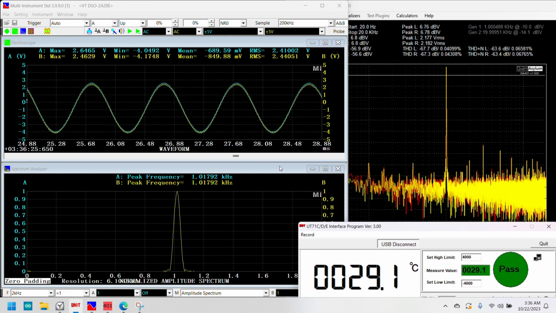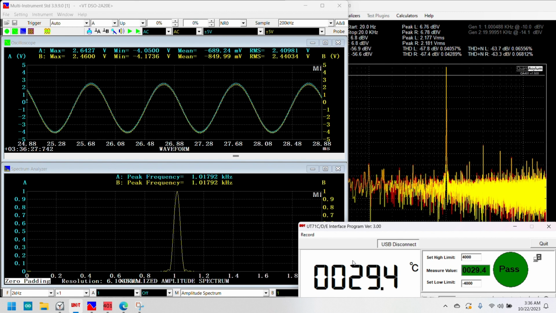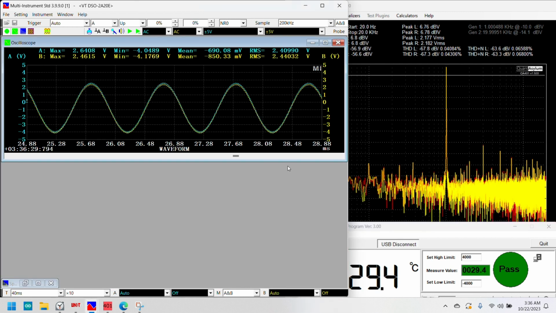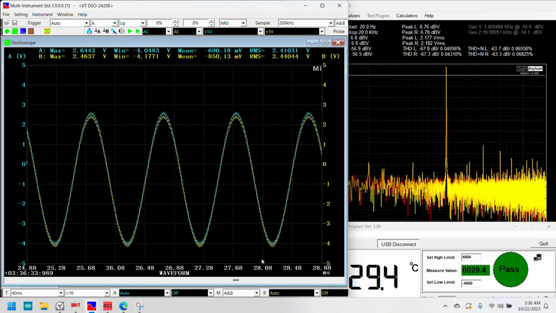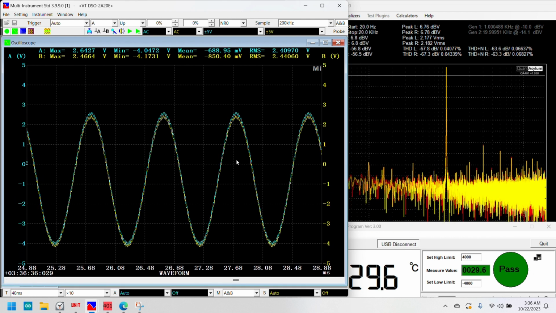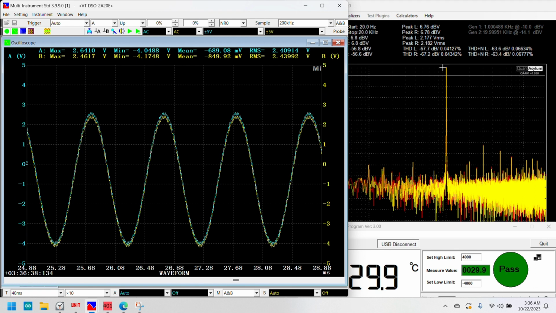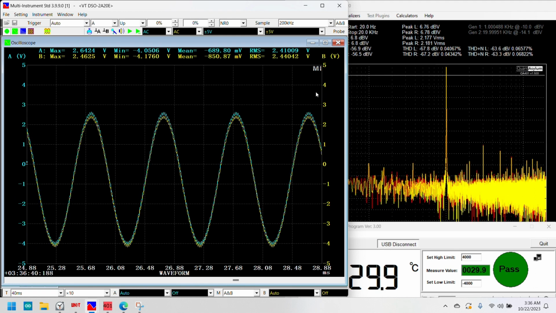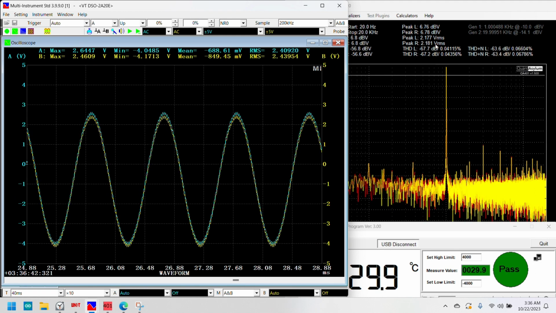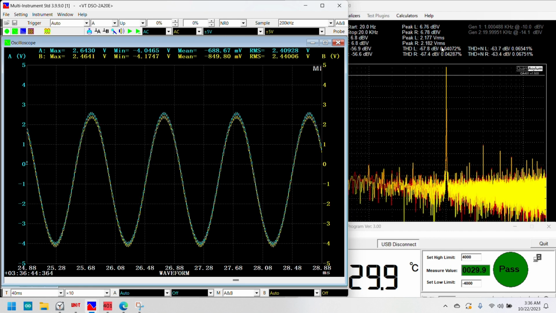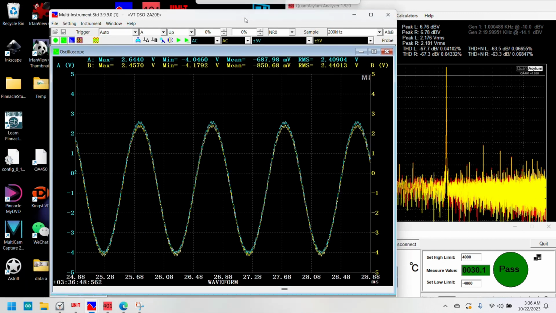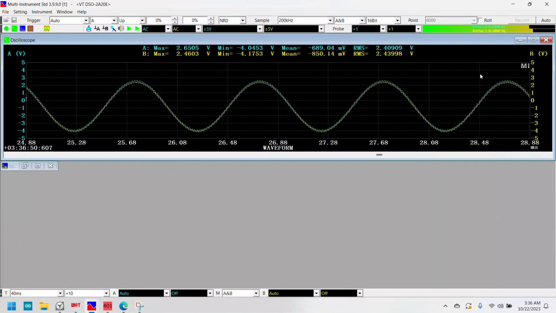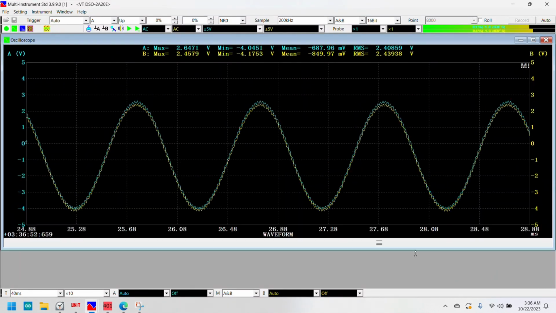So what I'm going to do is, at room temperature or when the heat sink is cooled down, I'm going to put the maximum voltage that can swing into the load at about, yes, something is wrong. I need to disconnect the input for the QA401 because it cannot go beyond 20 volts.